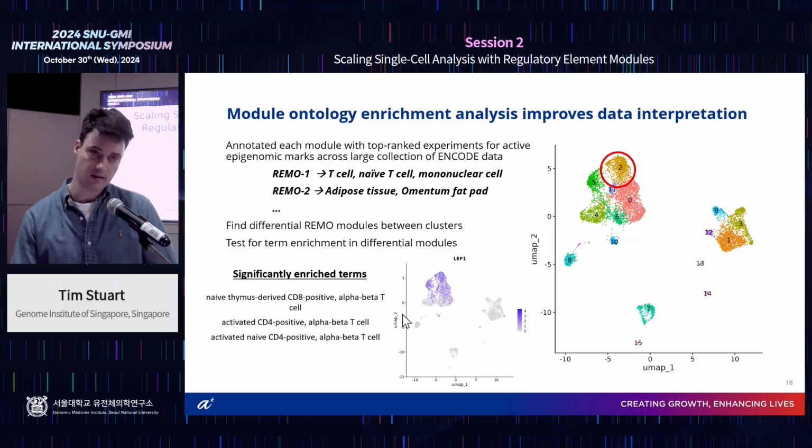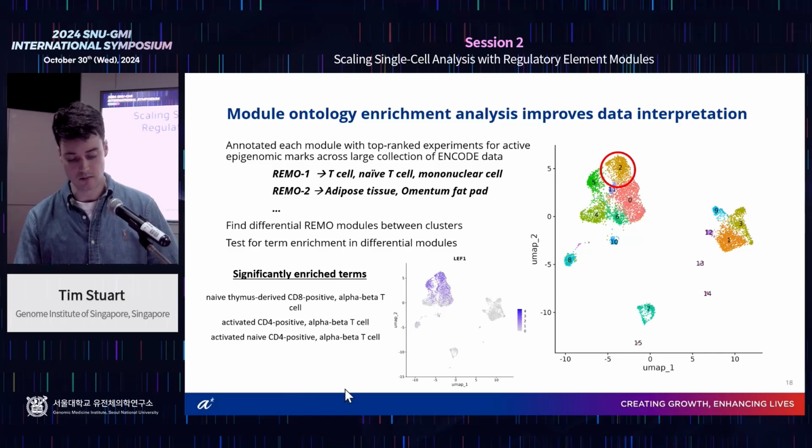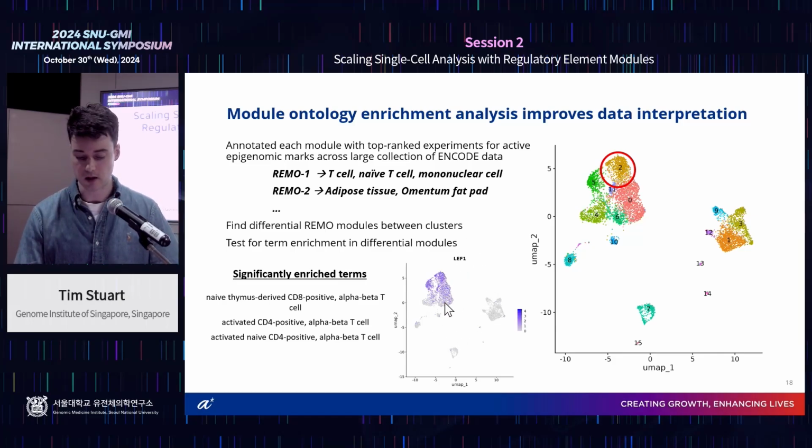They're all T cell related, and particularly naive T cell related. These are actually all of the significantly enriched terms, so they're all related to T cell. Because in this data set we have multi-ome data, we can look at the gene expression, and we can see that LEF1, which is a marker of naive T cells, is expressed in cluster 2. So it matches our enriched term analysis.